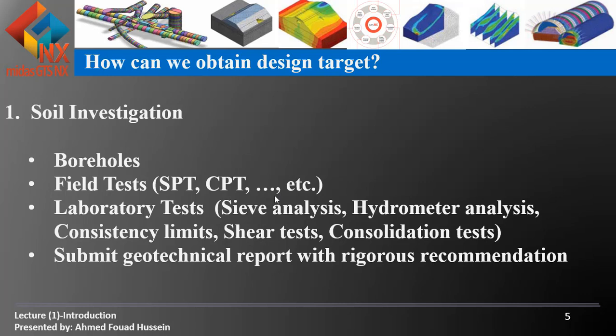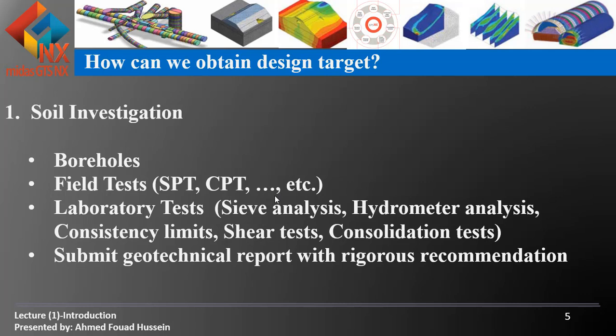Shear test. Shear test is a very important test, with which we can get the main parameters of the soil, or actually the non-linear parameters of the soil. Shear tests like the direct shear test, the triaxial test, or the unconfined test.